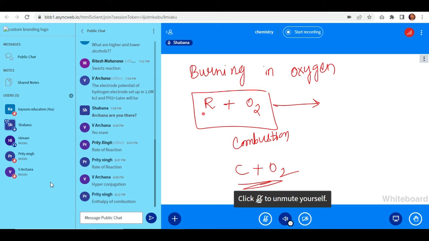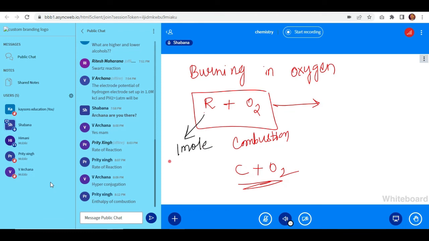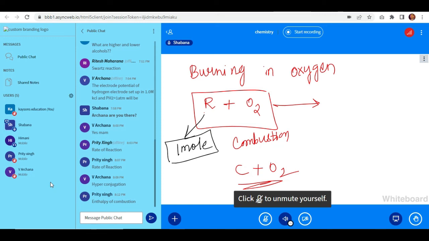Okay. So when I'm taking R here, I'm taking it as 1 mole. If 1 mole of R is burning with oxygen, in this burning process, definitely when something is burned, heat is produced, right? So whatever heat is produced, that is called enthalpy of combustion.